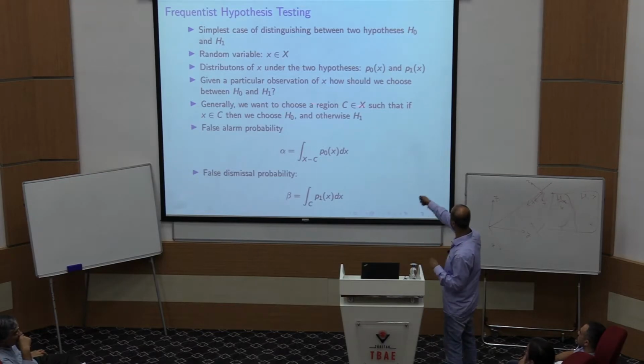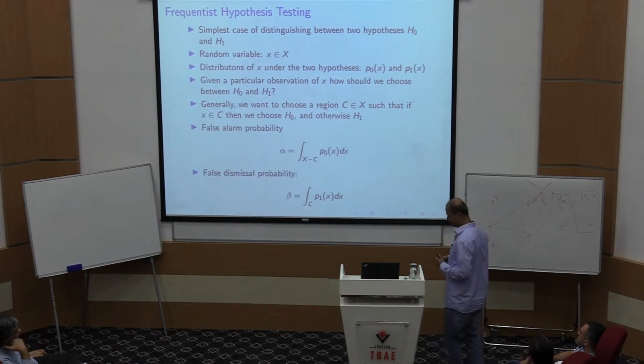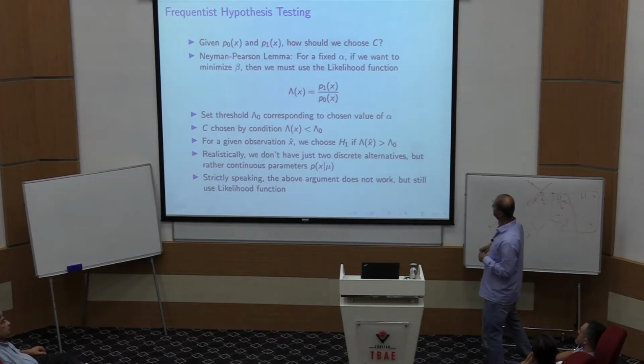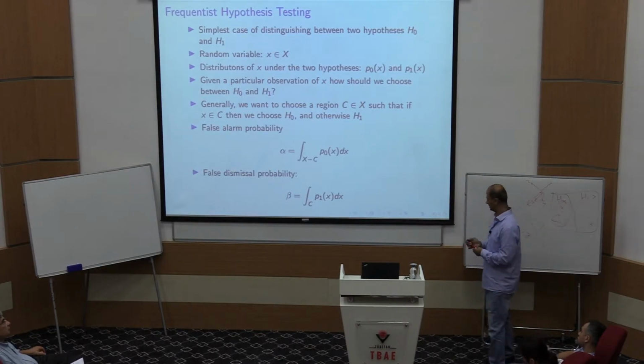Let me set it up. Let's say I want to find the region C, such that if the data happens to lie here, then you choose H0, otherwise, if it lies outside C, you choose H1.